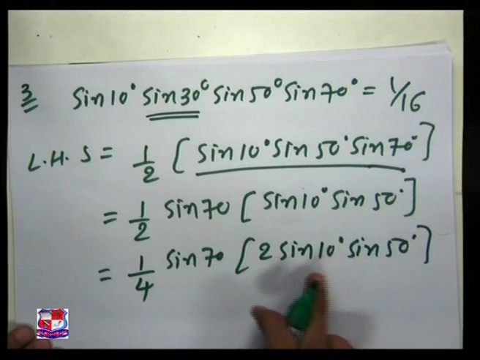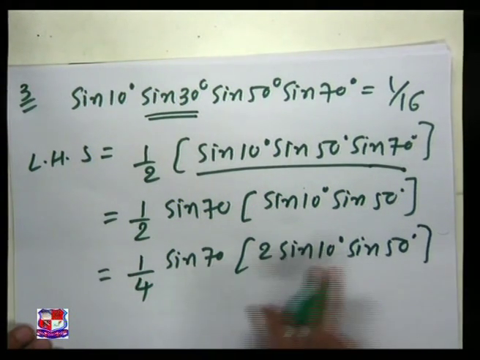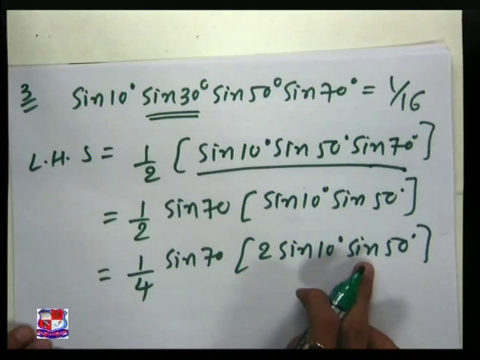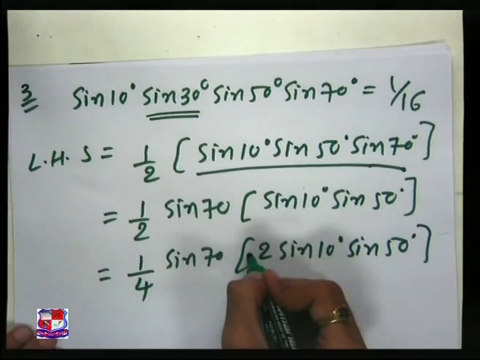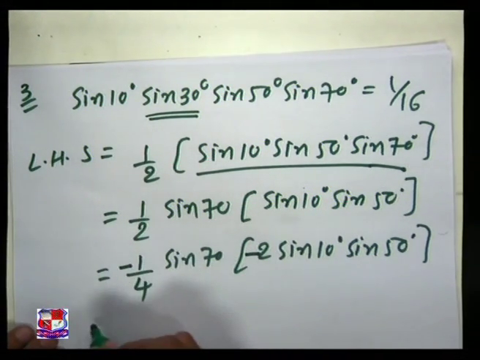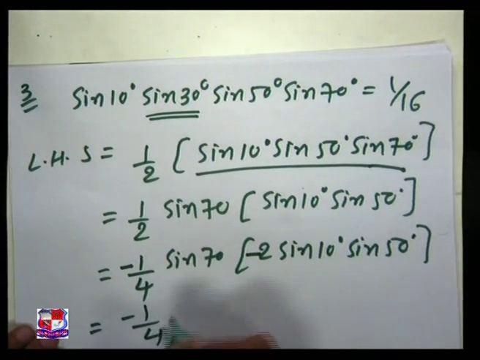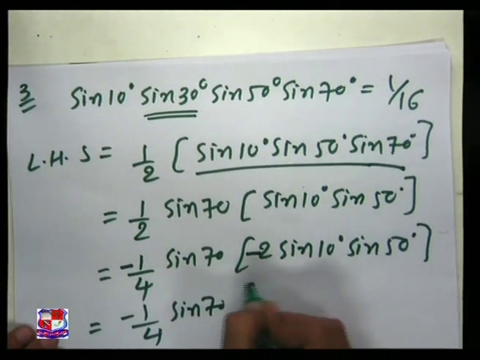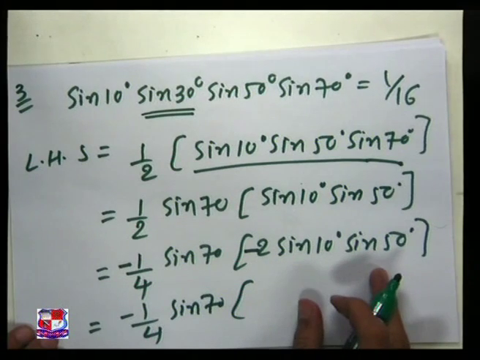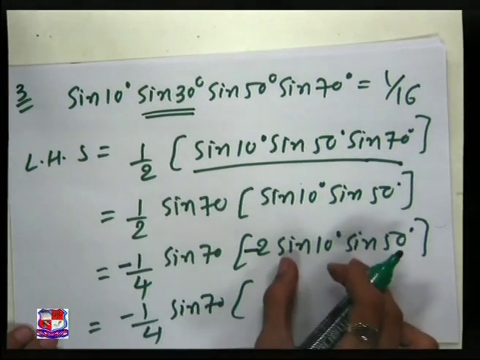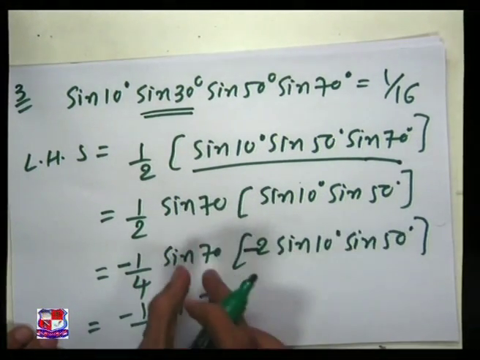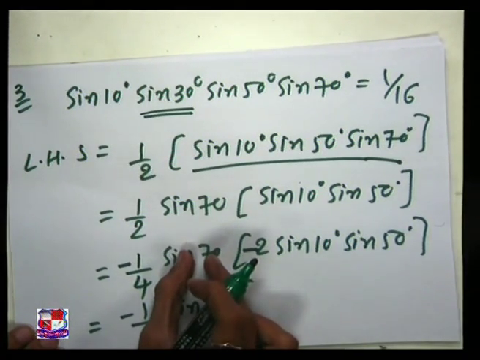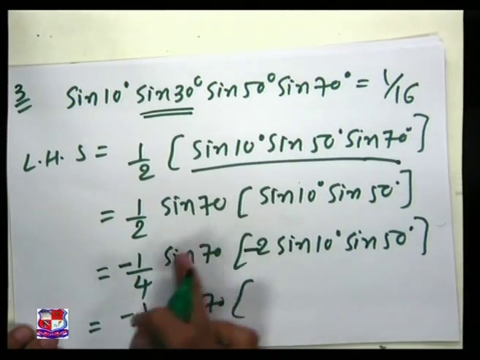So this is 2 sin C sin D. We all know that cos C minus cos D is minus 2 sin sin. So if I put here minus and here minus, then I will get minus 1/4 sin 70, this is cos C minus cos D. So using this formula, first for here and second for here, we can easily prove this one is equal to 1/8.